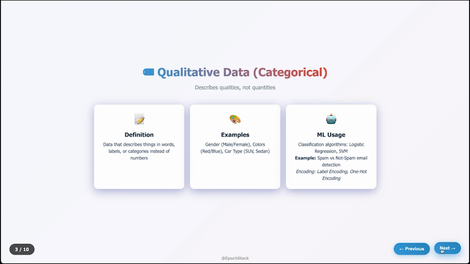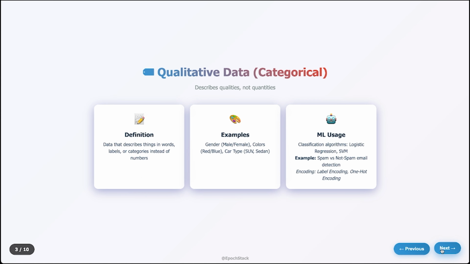Now, why is qualitative data used and where is it used? It is generally used in machine learning models where you have to do a classification task. For example, you need to classify whether an email is spam or not. In that case, you will be using algorithms like logistic regression or SVM. You will also be using encoding techniques for qualitative data.